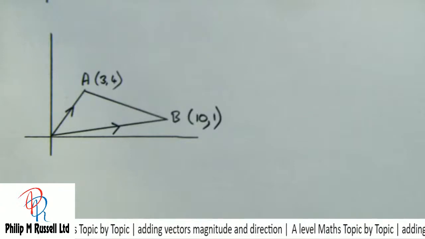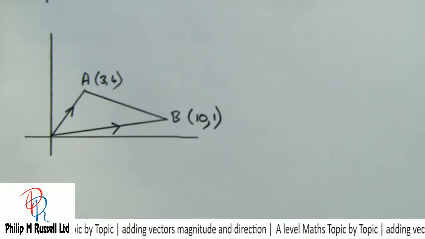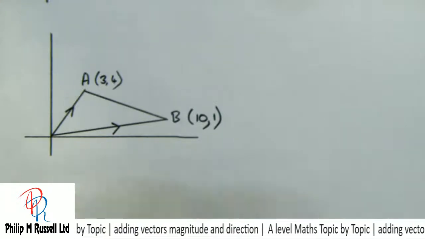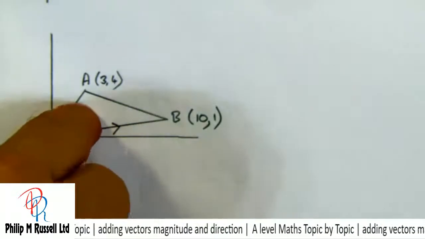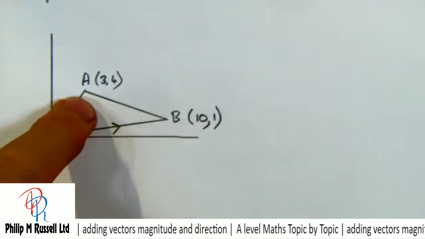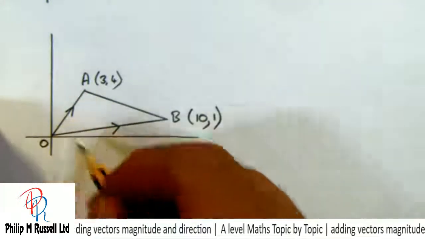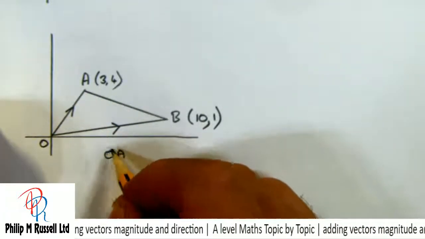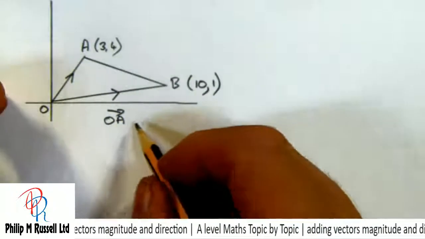Right, let's see if we can work out what we've got. So can I find A first? Yeah, that's really quite easy. So I know that this is O, so we can say that OA, what's this going to be?